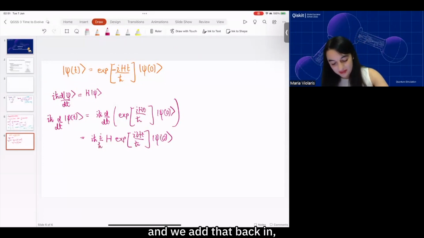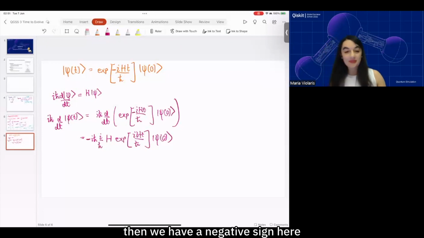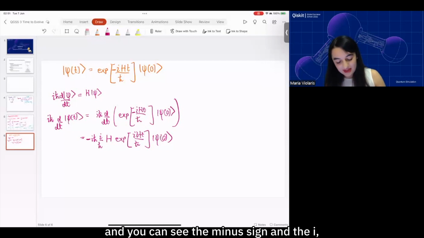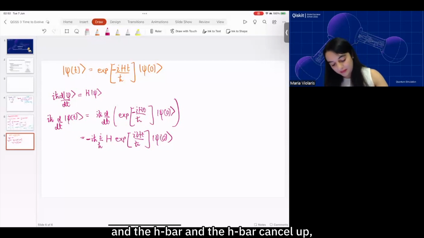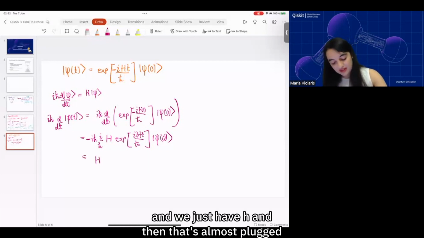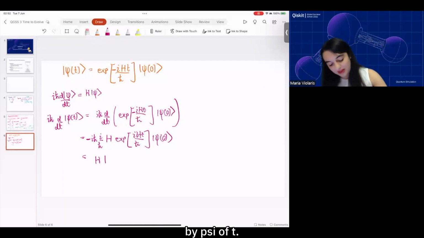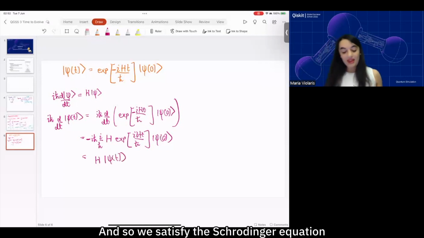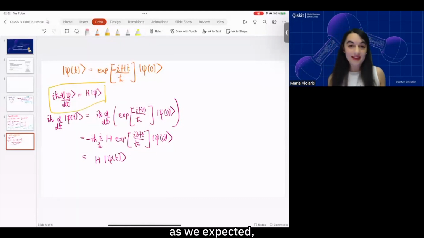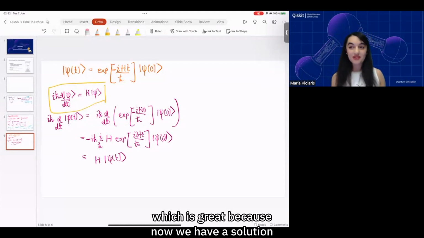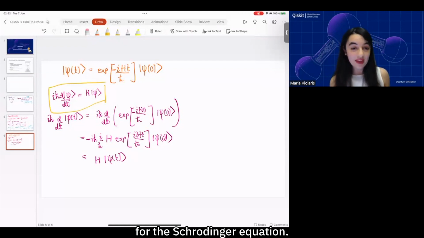If we add that back in, then we have a negative sign here, and you can see the minus i and the i, and the h bar over h bar cancel out, and we just have H, all multiplied by psi of t. So we satisfy the Schrödinger equation as we expected, which is great, because now we have a solution for the Schrödinger equation.